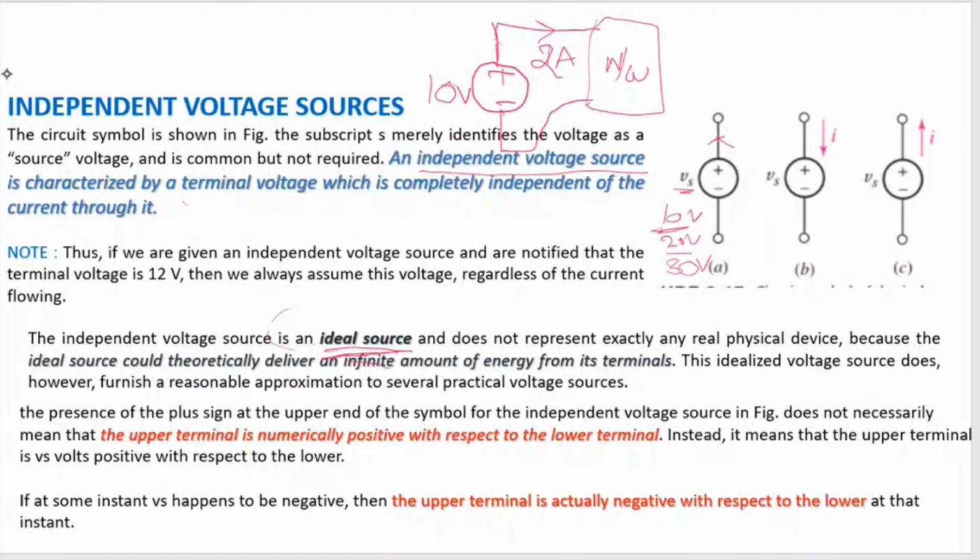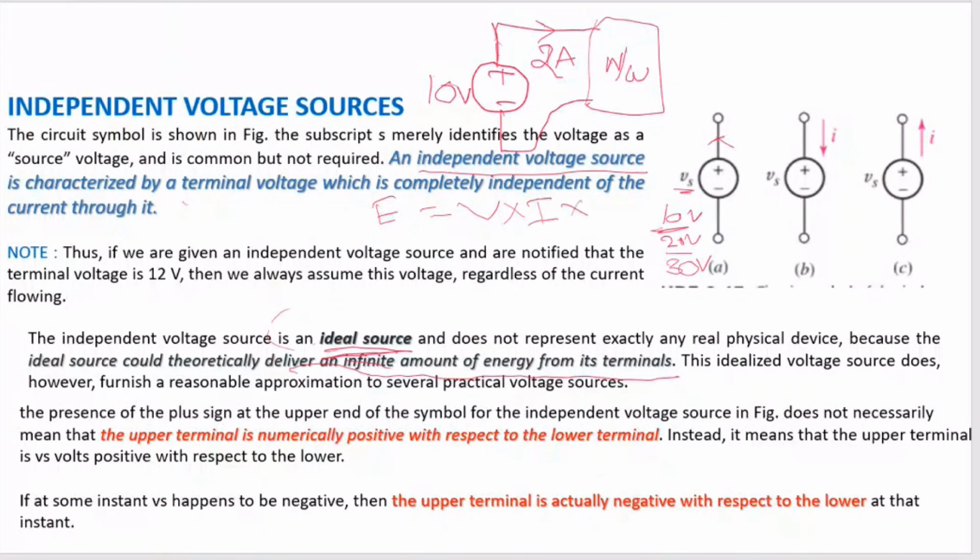An ideal source would theoretically deliver an infinite amount of energy from its terminals. What is energy? Energy is E equals V into I into t, that is the potential, into the current, into time.